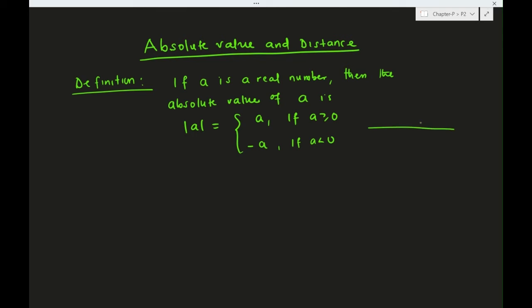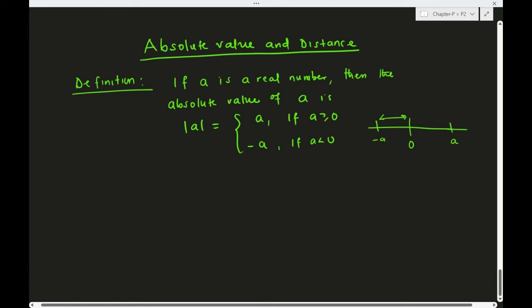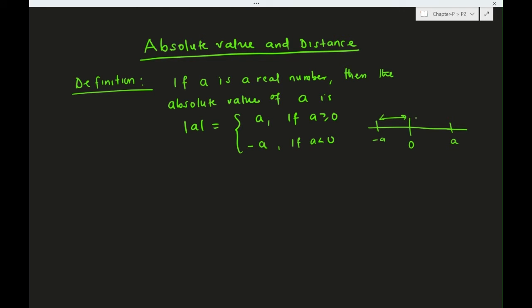And it can be seen as the distance between any real number and 0. So for example, the distance between minus A and 0 is the same thing as the distance between A and 0.